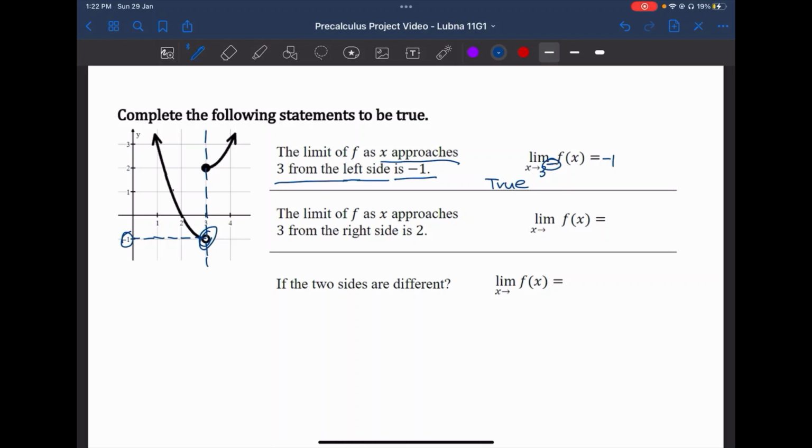The limit of f as x approaches 3 from the right side is 2. We can write this in limit notation by writing 3 over here. When it says the limit of f as x approaches 3, there should be 3 over here. From the right side means that it should be a positive sign on top of 3, is 2. So this is equal to 2.